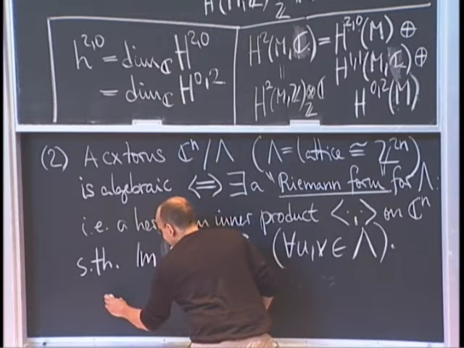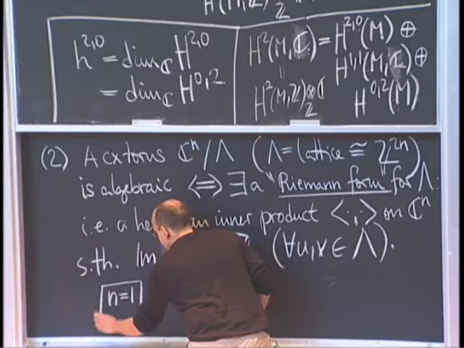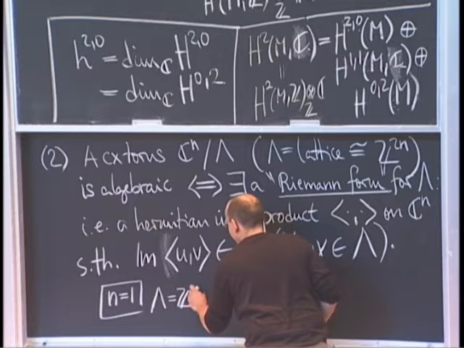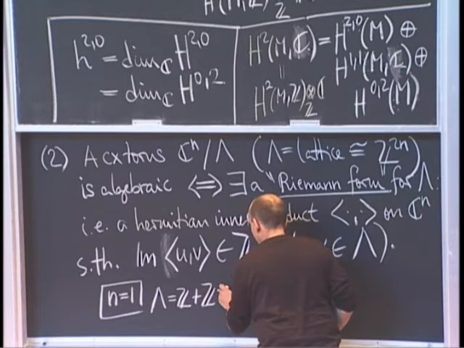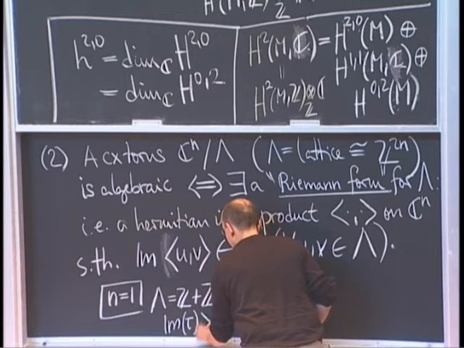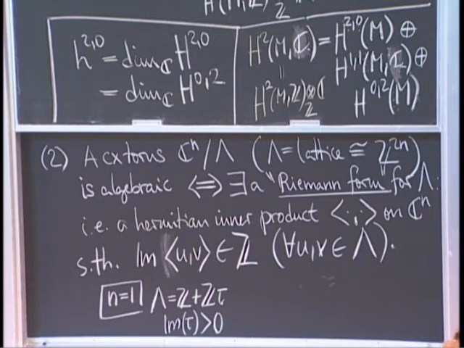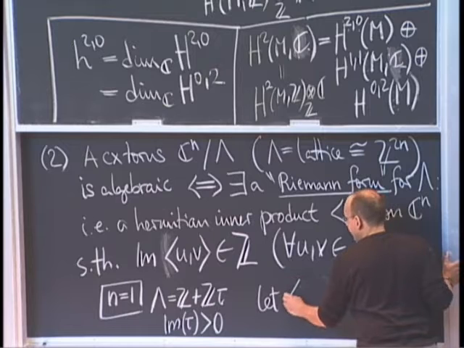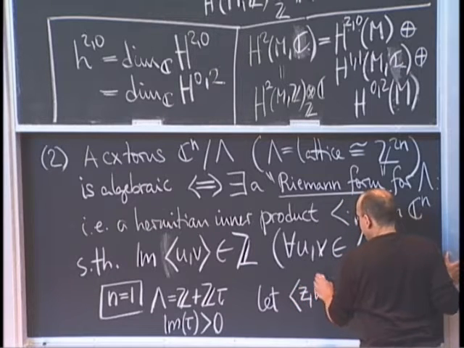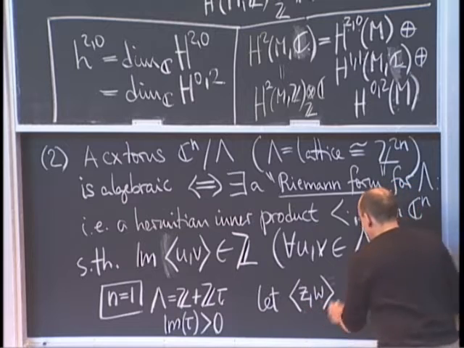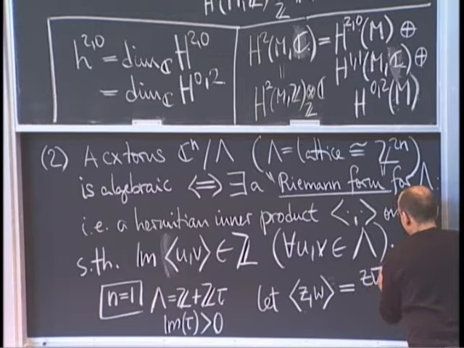So if you take n equal to 1, you can assume that your lattice has the standard form, so it's just Z plus Z tau, where tau is in the upper half plane. And then you can just let the Riemann form be a Hermitian inner product on C. Up to a scale, it has to be the same thing as the standard Hermitian inner product, z times w bar.